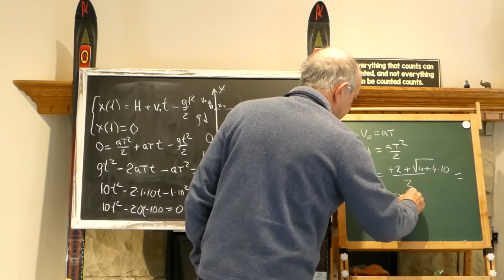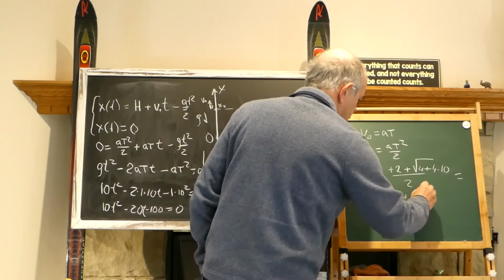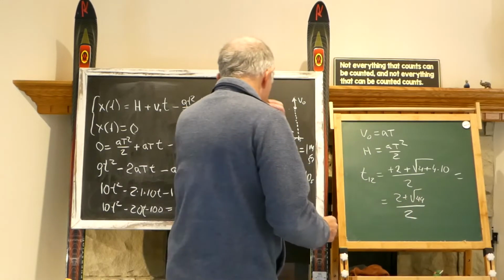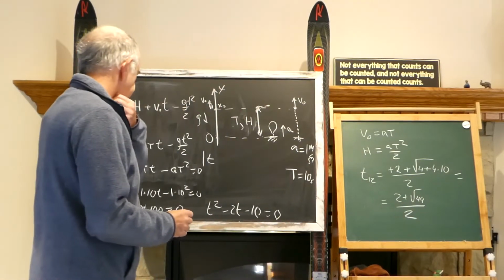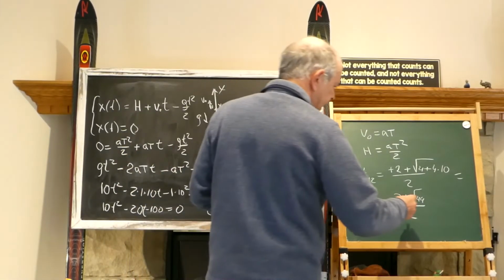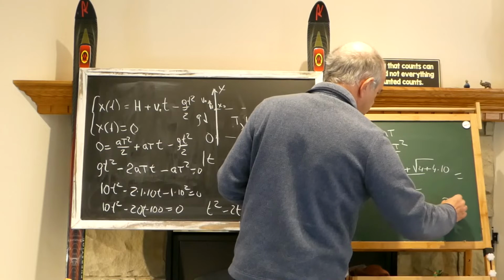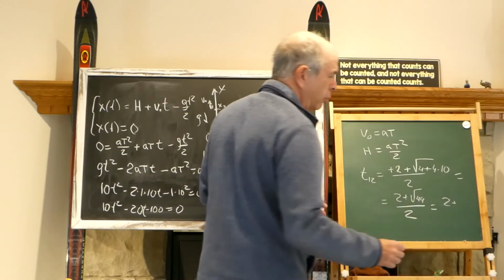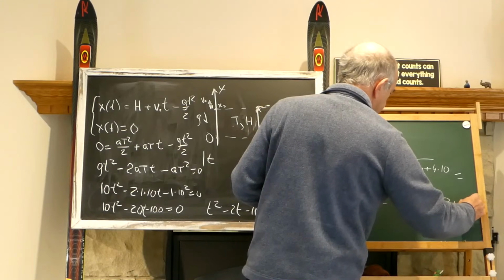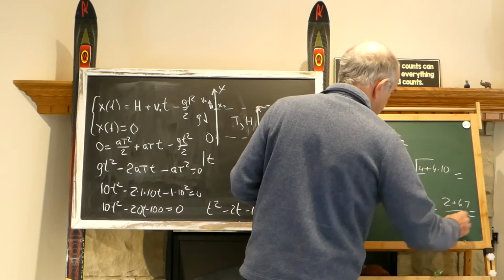And this will become 2 plus square root of 44 divided over 2, and we will get 2 plus square root of 44, which is approximately 6.7, divided over 2.